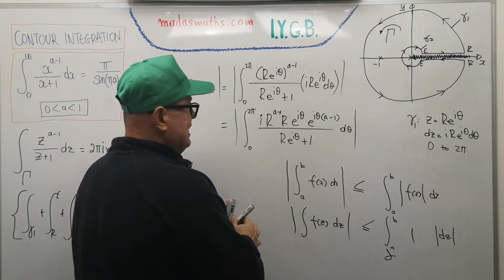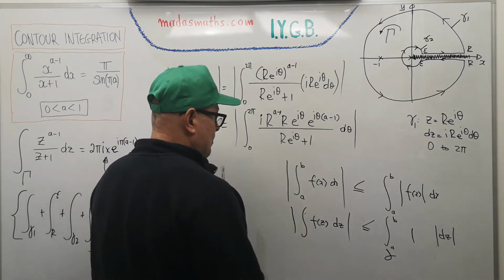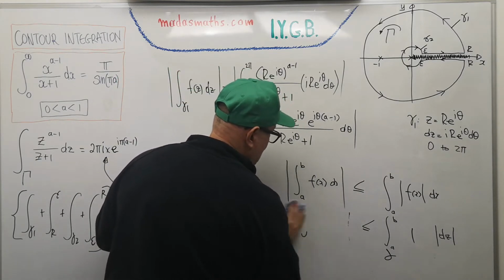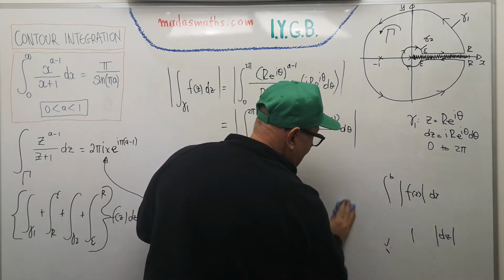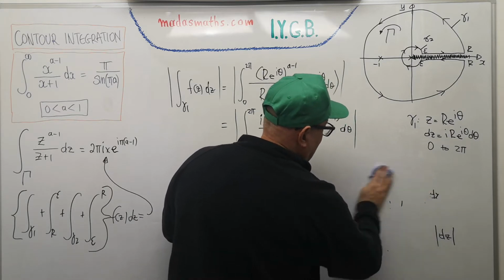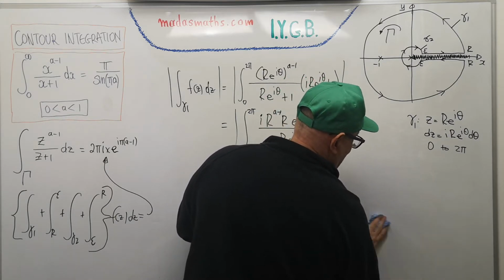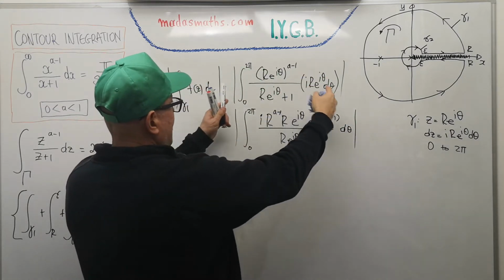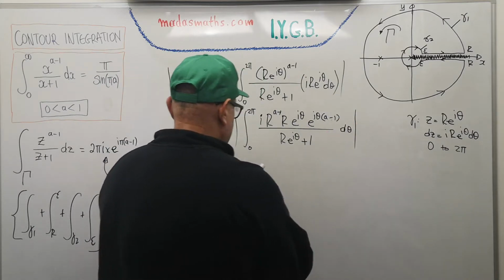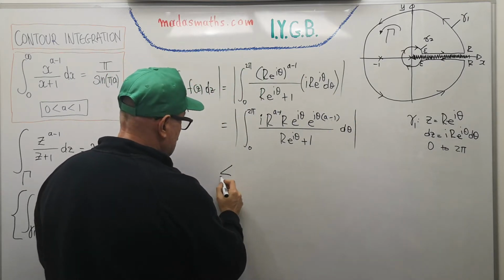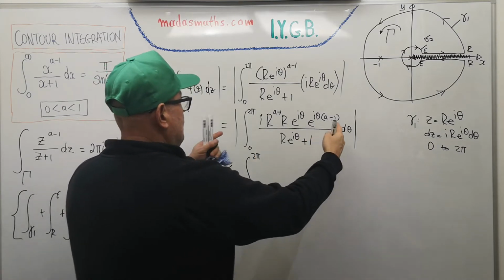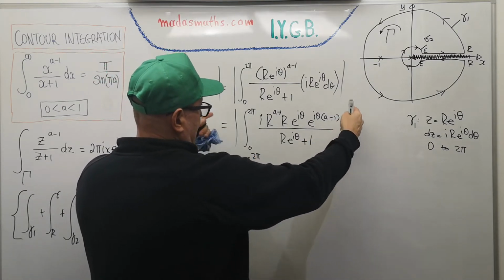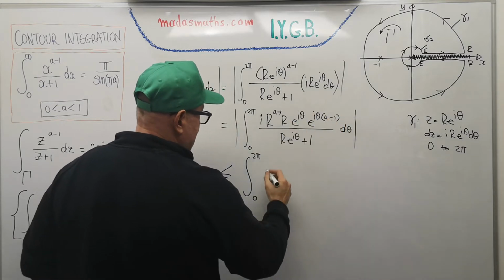So this is a standard inequality, and I'm going to brush it under the carpet, and I'm not going to talk about it too much because this now goes too pure, and I'm not qualified to discuss very pure stuff. So this is now the line that I've got, and all I'm going to say next is that this is less or equal to the integral from 0 to 2 pi, and I'm going to move this moduli from outside the integral inside the integrand.